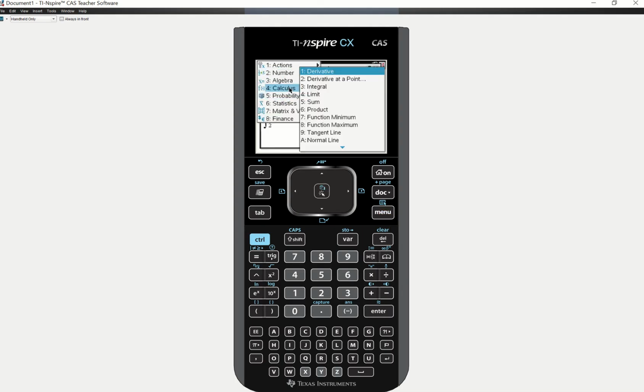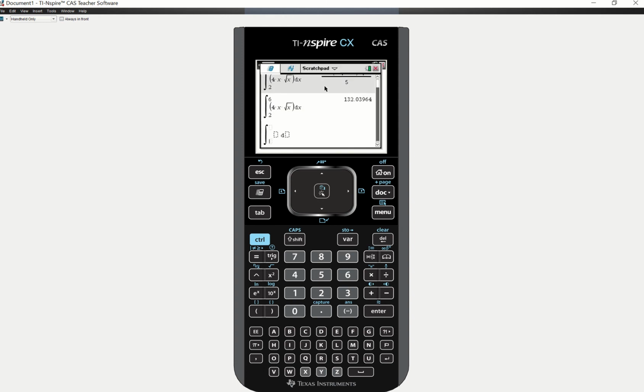So if we were to go ahead and plug that into our calculator, we want to integrate from negative 2 to 3 the absolute value of 2 times x with respect to x. Hit enter, and the calculator will do that for you. All right, and that's good to know. So we should get an answer of 13.